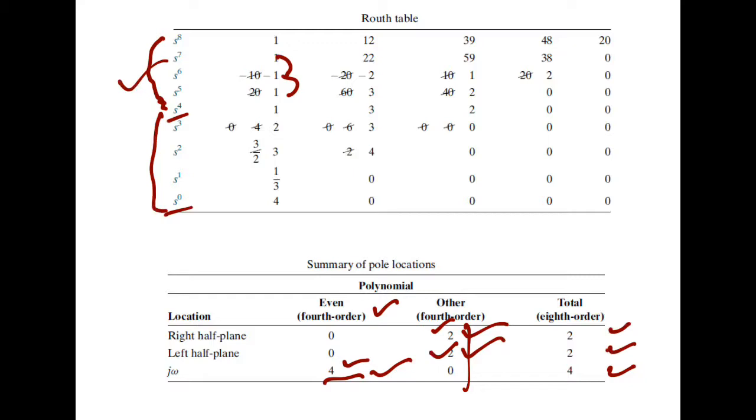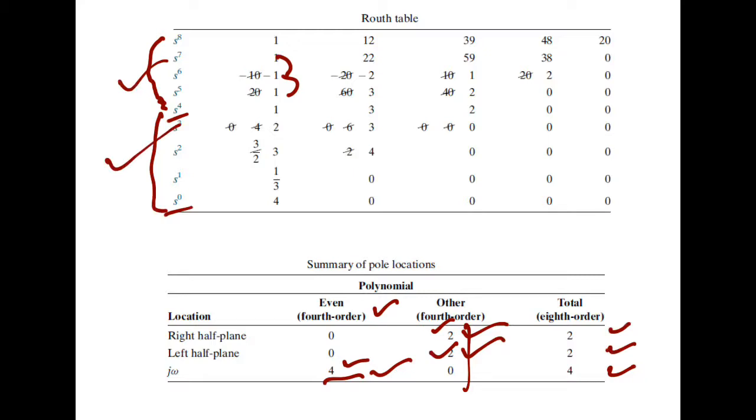So we have learned about the polynomials that generate entire rows of zeros in the Routh table. These polynomials have a purely even factor with roots that are symmetrical about the origin. The even polynomial appears in the Routh table in the row directly above the row of zeros. Every entry in the table from the even polynomial row to the end of the chart applies to the even polynomial.